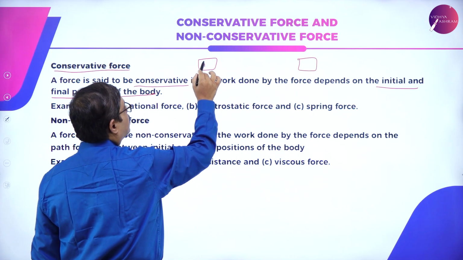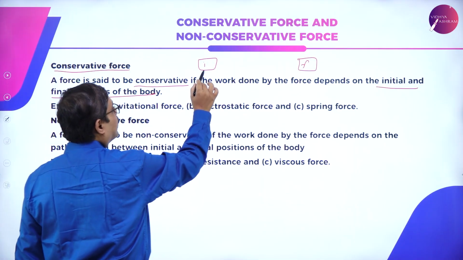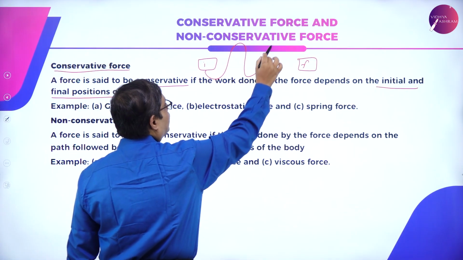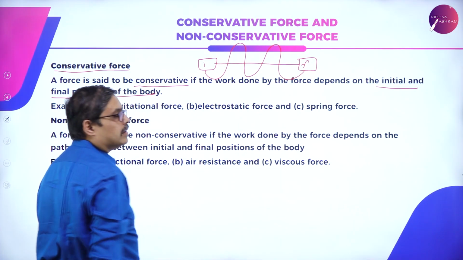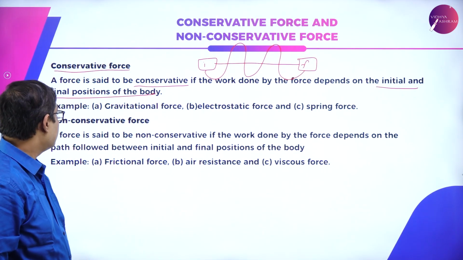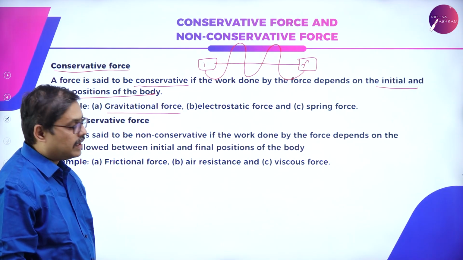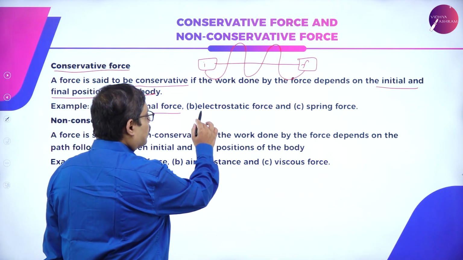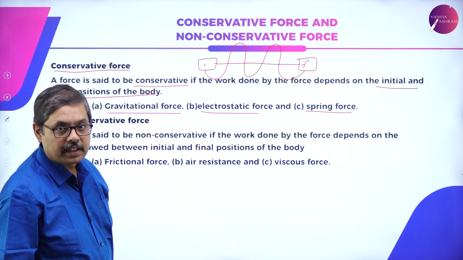The initial and the final position. In a conservative force, the path traveled by the body does not come into picture. It is only the initial and the final positions. For example, gravitational force is always conservative in nature. Similarly, electrostatic force and spring forces are always conservative in nature.